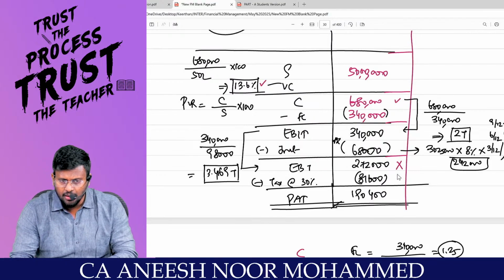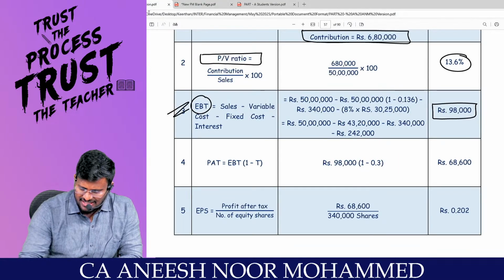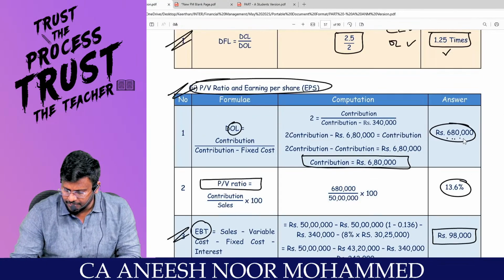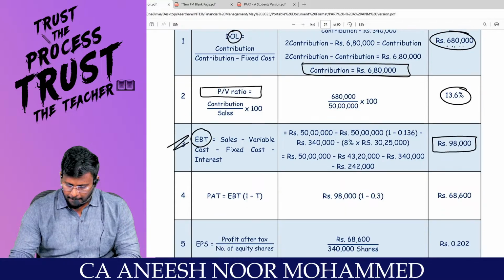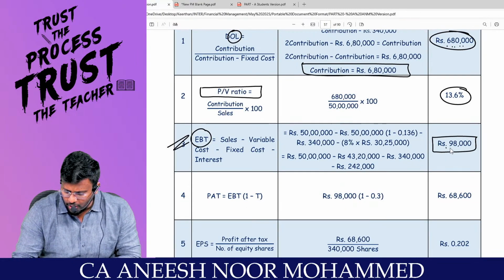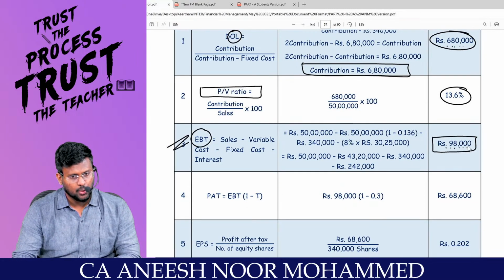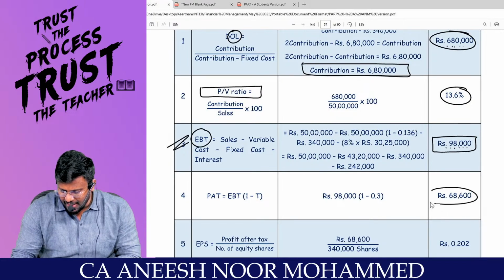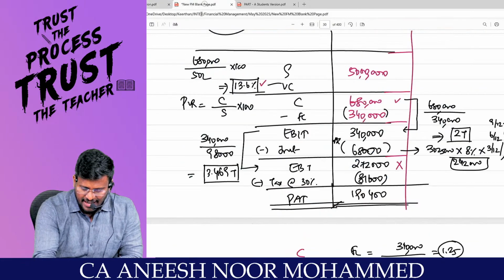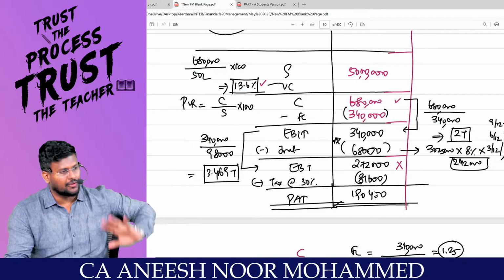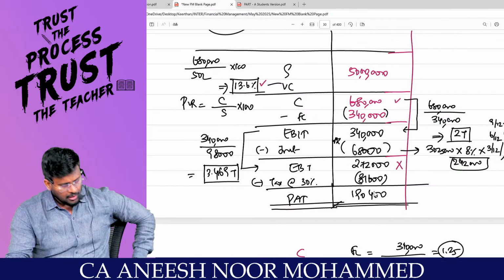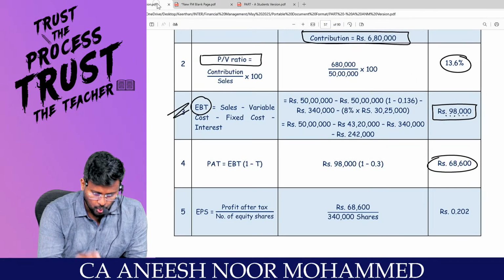Hello sir. We got contribution as 6,80,000. Is it right? Yes sir. But they are getting earnings before tax as 98,000. Hello sir. From that they paid tax and PAT as 68,600. But we got something different. Correct? Why? We are going to analyze. Look at here.